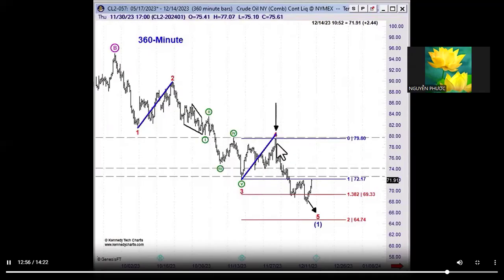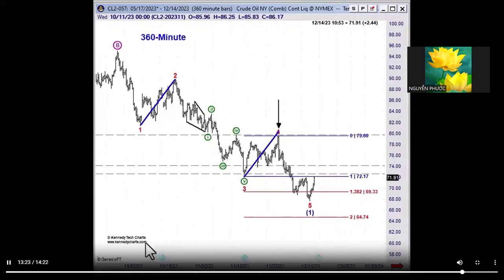So once prices hit that time component and also the price component of roughly $80, or actually $79.60, once we saw that, boom, the market came down and it fell to our 1.382 reverse Fibonacci multiple of wave 4. And I would suspect, based on the price action that we're currently seeing, being able to identify this decline in crude oil as a 5-wave move down for all of wave 1 of a larger impulsive move is actually right on point.